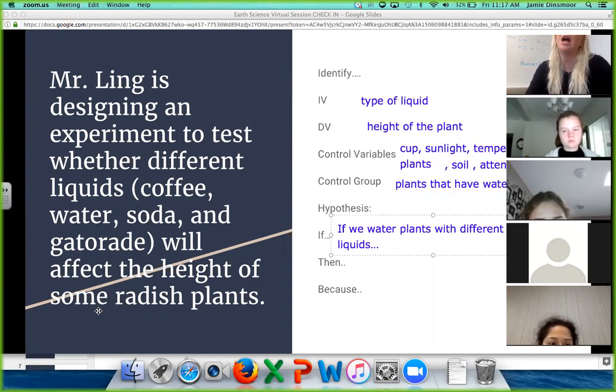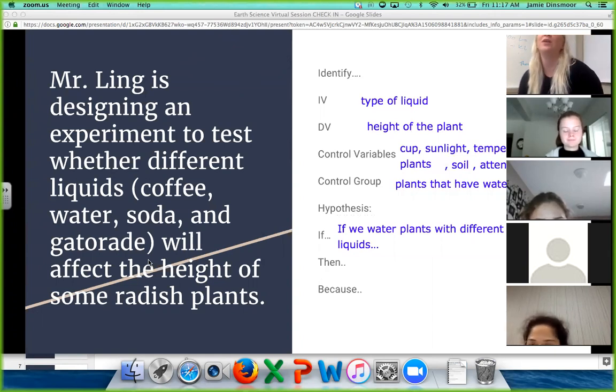And I want to see every single person contributing a hypothesis here, because remember, hypotheses cannot be wrong. They can just be disproven, but they're not wrong. So take a look at those 4 liquids and come up with a hypothesis.